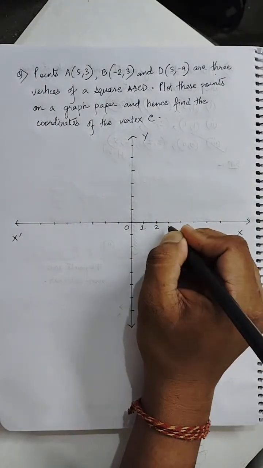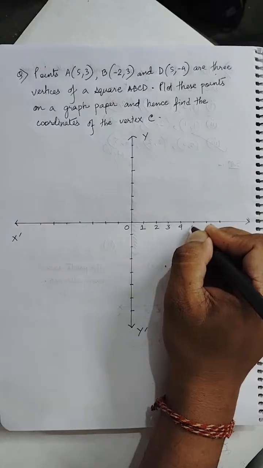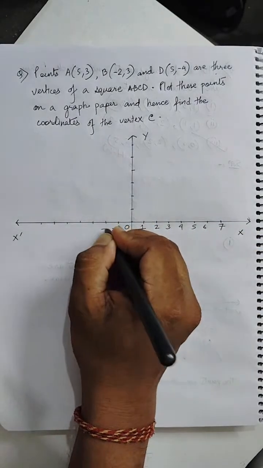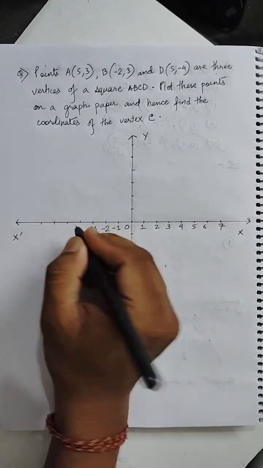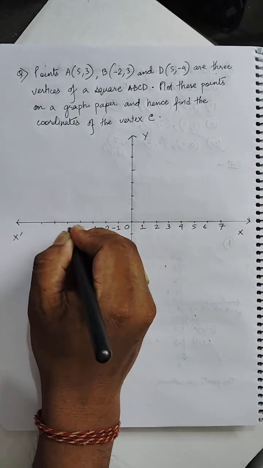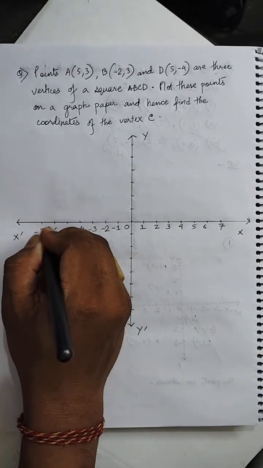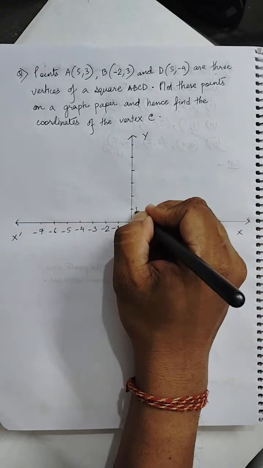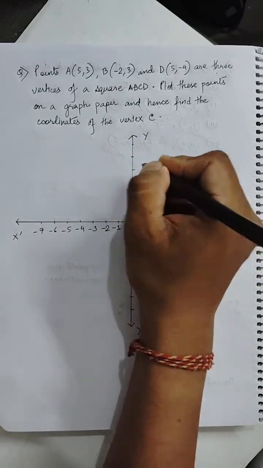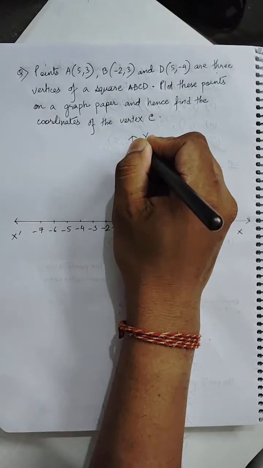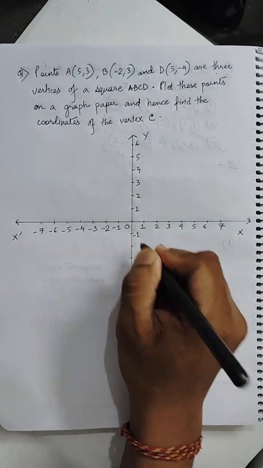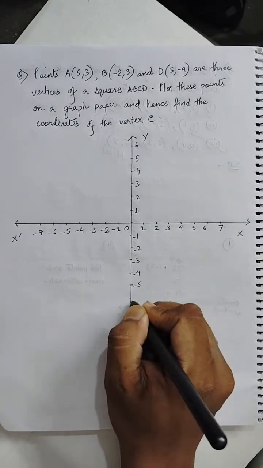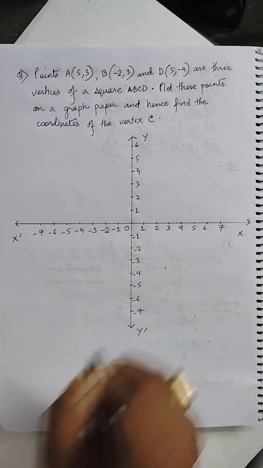This is -1, -2, -3, -4, -5, -6, -7. 1, 2, 3, 4, 5, 6, and -1, -2, -3, -4, -5, -6, and -7.